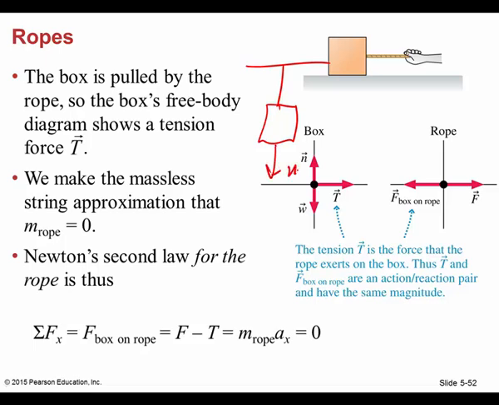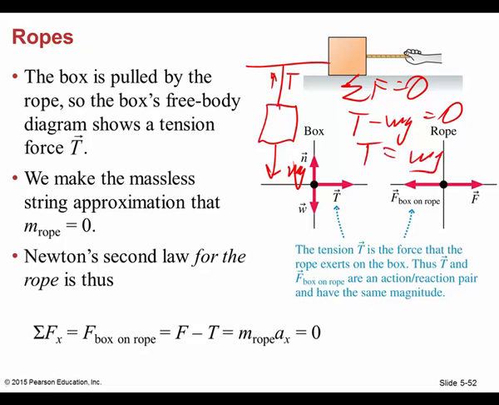We have weight, mg, and then we have the tension of the rope that way. It's not accelerating, so the sum of the forces is equal to ma, which is equal to 0. So what do we have then? We have T minus mg is equal to 0, so T is equal to mg. And that's how we would find it.